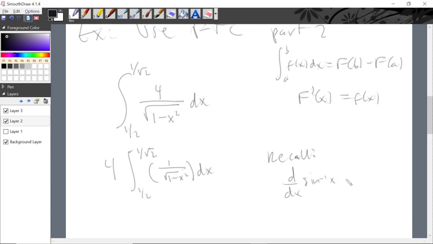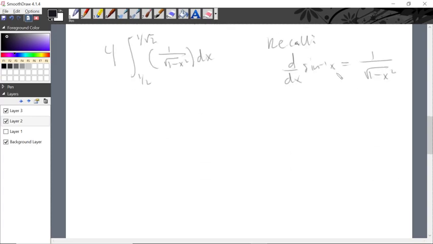The derivative of the arcsine of x is 1 over the square root of 1 minus x squared. So therefore, arcsine is an antiderivative of 1 over root 1 minus x squared.